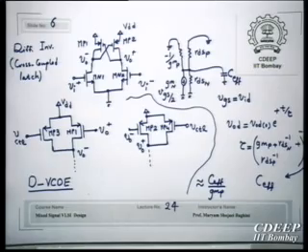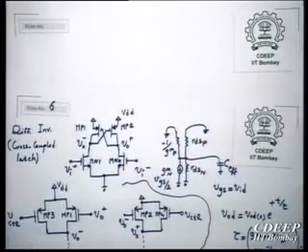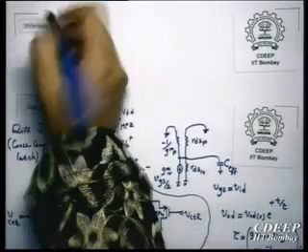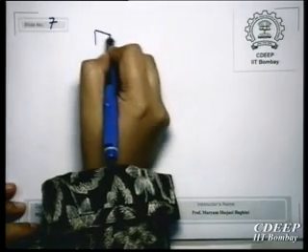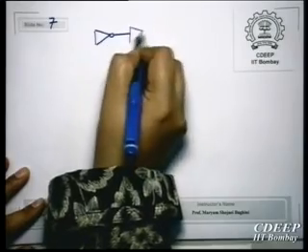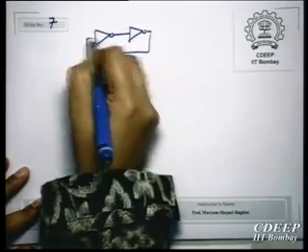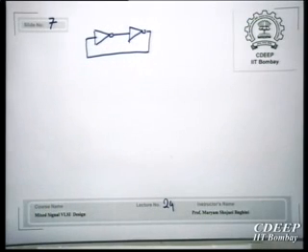Now, how to use it to make a ring oscillator? In a single-ended inverter, okay, conventional inverter, will this oscillate? Why? Why?